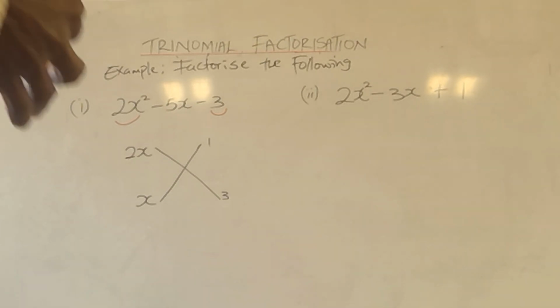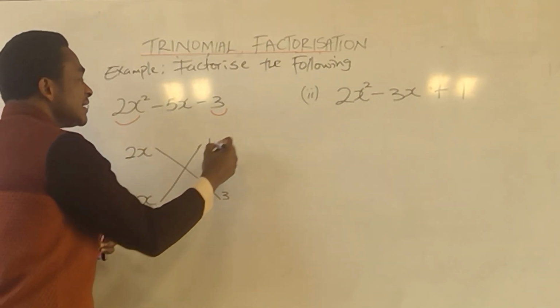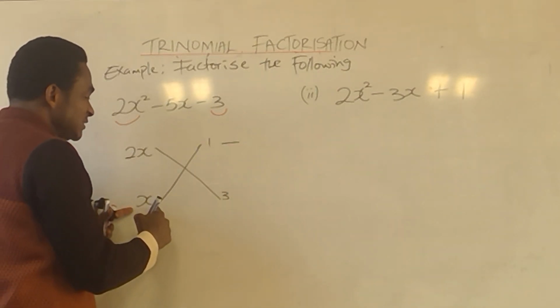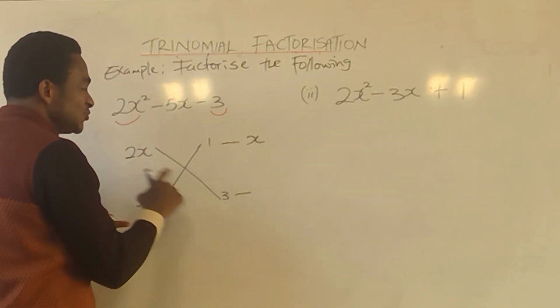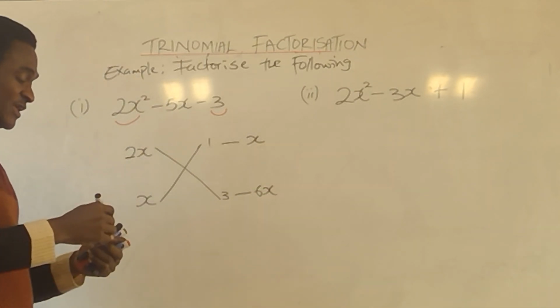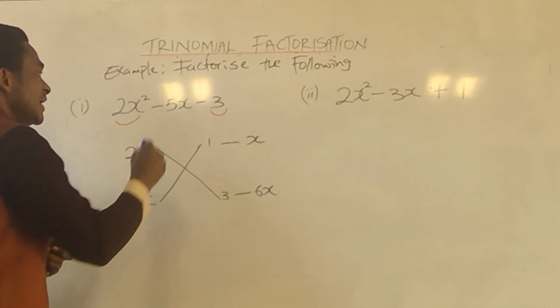So what we do here is we'll check. Now we cross multiply. If we multiply x times 1 is x, and we multiply 2x times 3 is 6x. Now the focus goes back to the middle term.